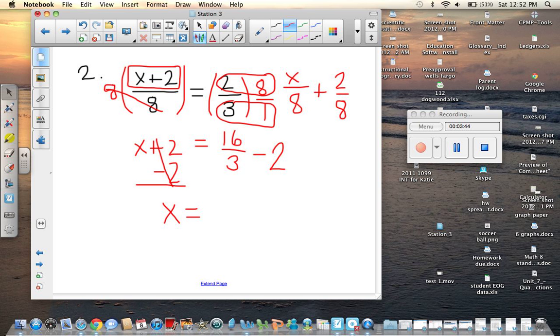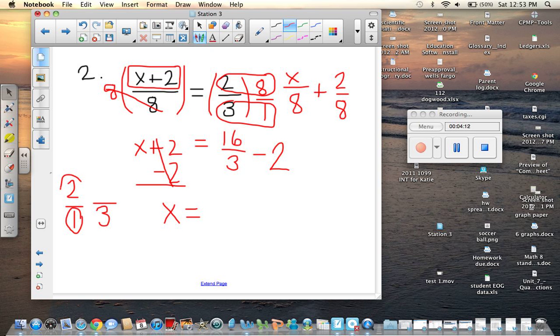So over here we have 16/3 minus 2. What you might want to do is change this 2 so that it has a denominator of 3, just so it's easier for you to see how this is being subtracted. 2 over 1 we can change so that it has a denominator of 3 by taking the denominator of 1 and multiplying it by 3.